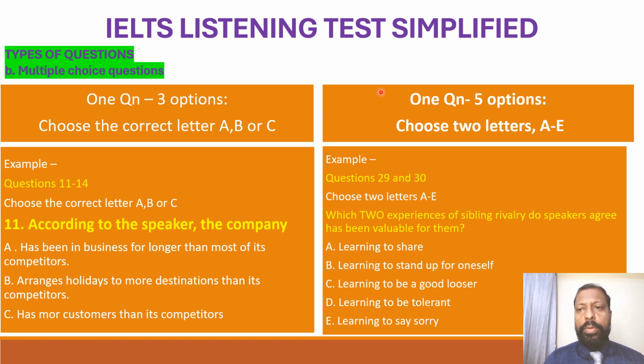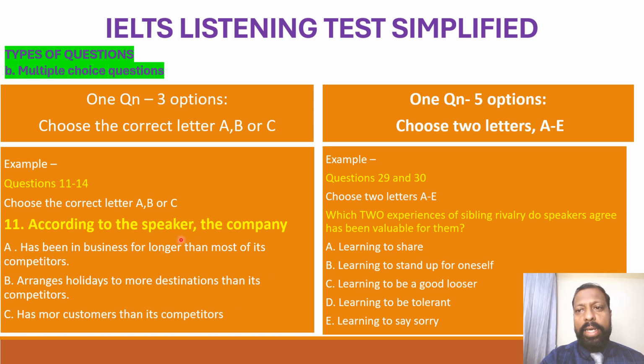When you have to do this type of questions, you need to pay attention to the keywords. So, for example, according to the speaker, pay attention to this one. The company is focusing on one of these options. However, there is a probability that the narrator would mention all these 3 options.